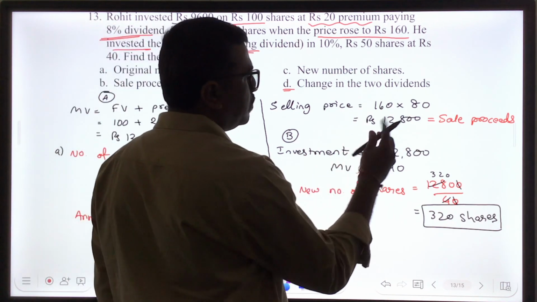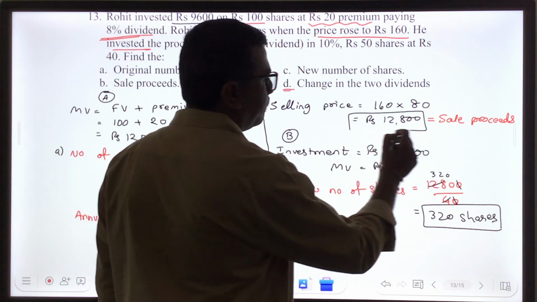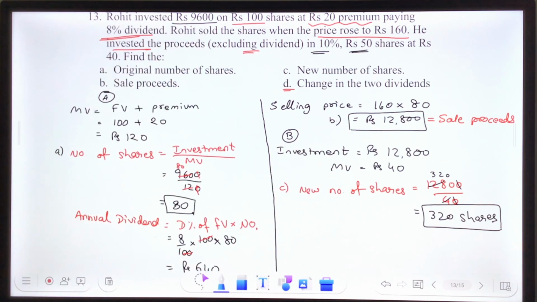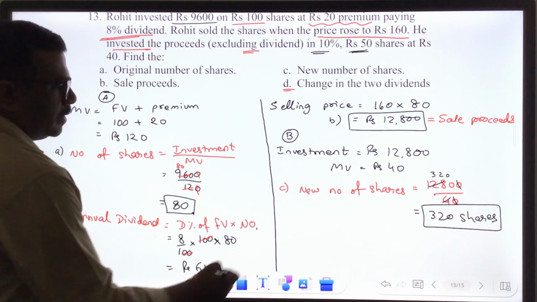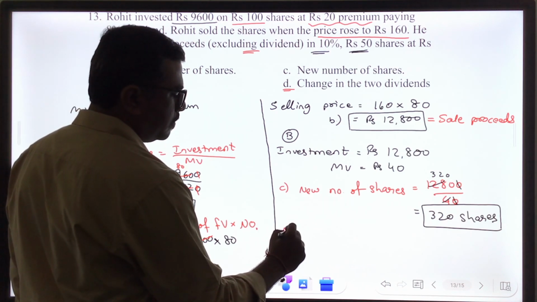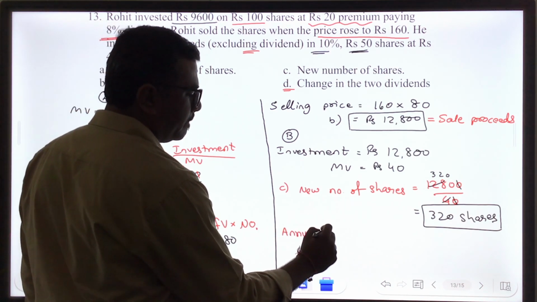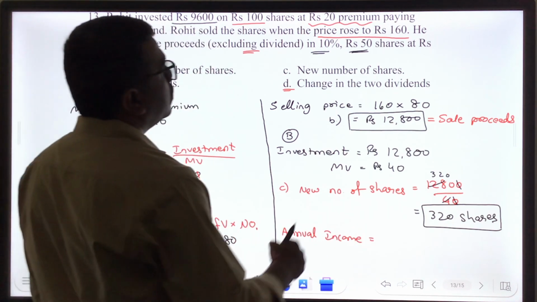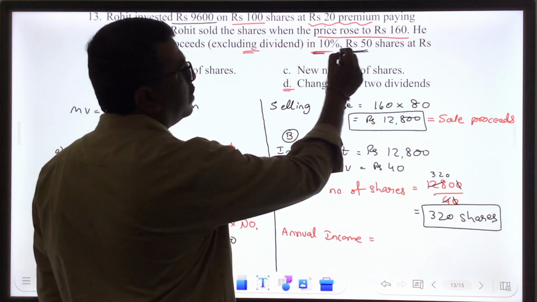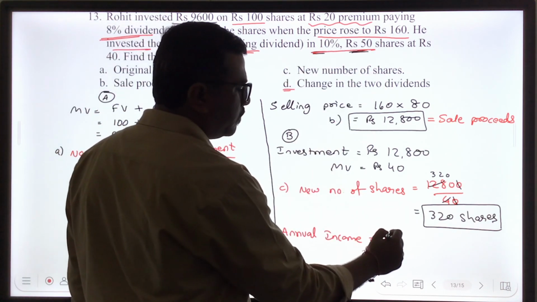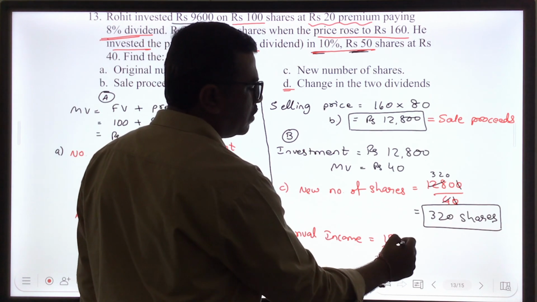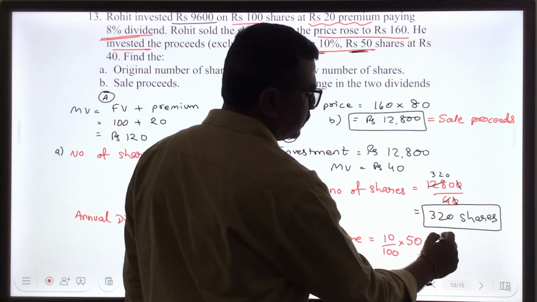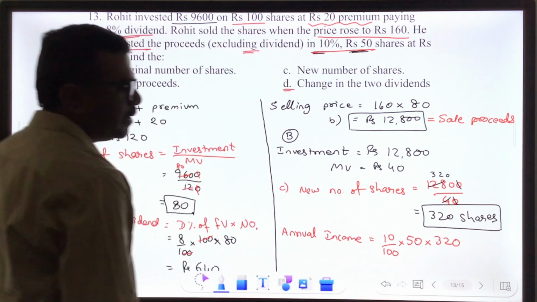This was answer number B. The annual income from second company, annual income equals to 10% of 50 rupees. Company is paying 10% dividend of face value 50 rupees into number of shares purchased, that is 320.